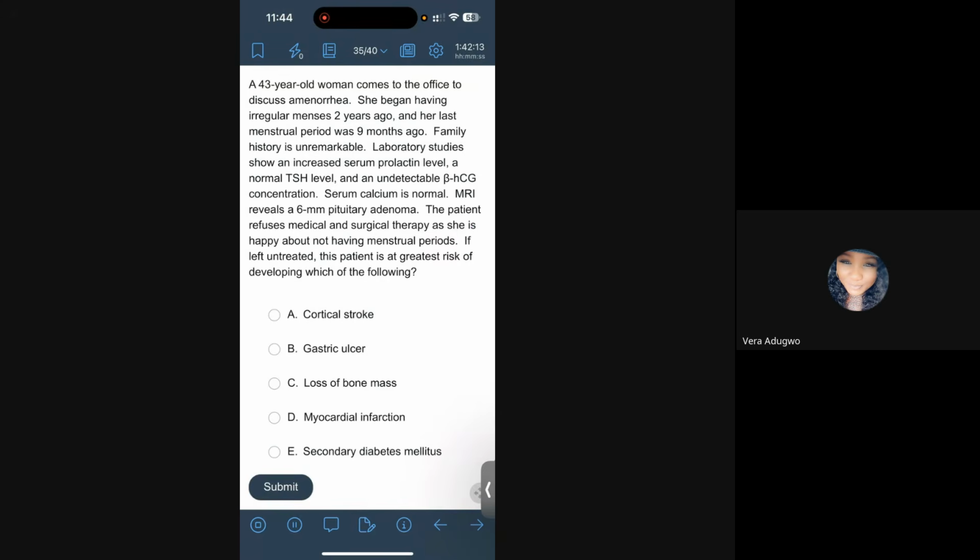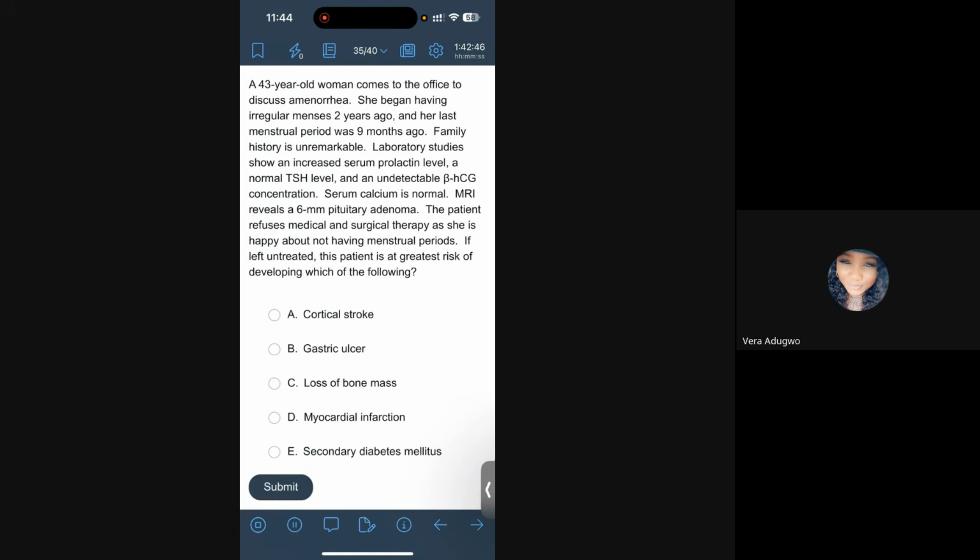If left untreated, the patient is at greatest risk for developing which of the following? Now read the question. A 43-year-old woman, first symptom amenorrhea, began having irregular menses 2 years ago.